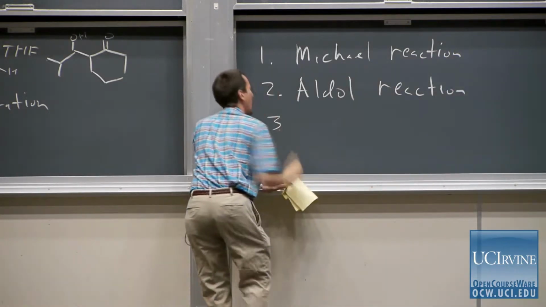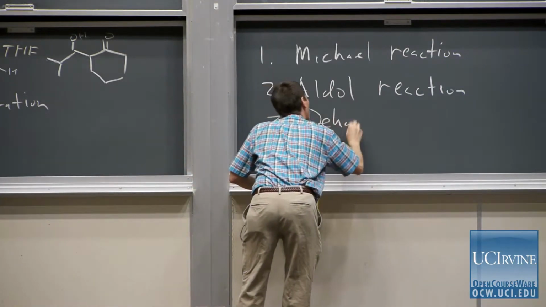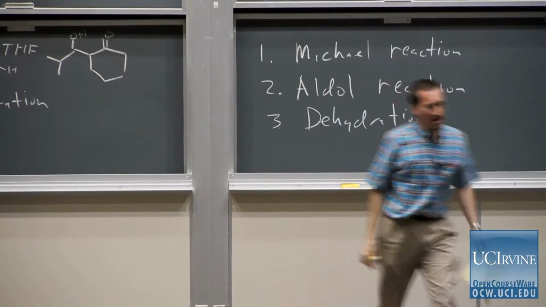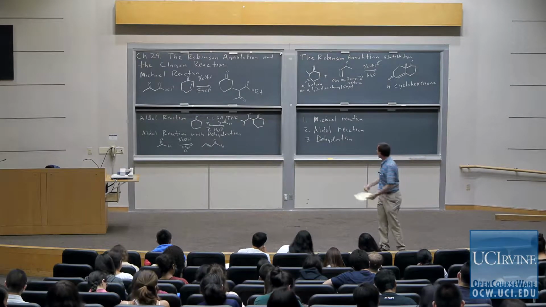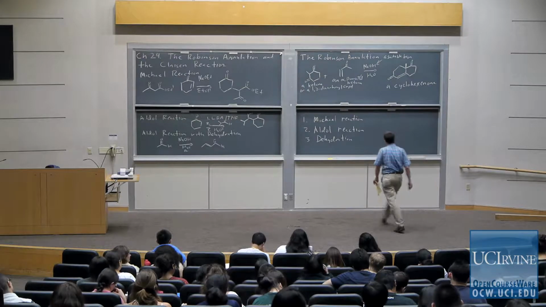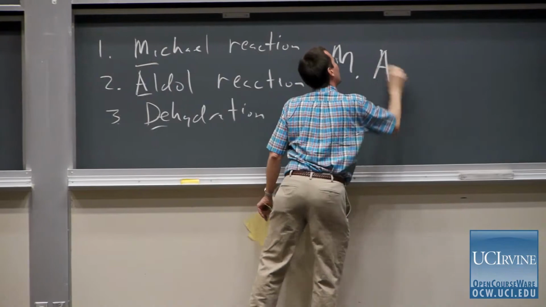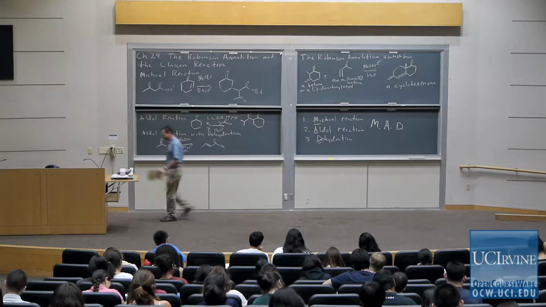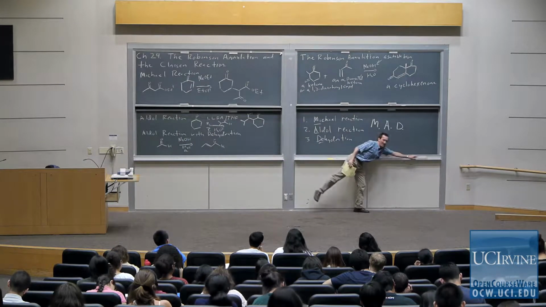And the third reaction is a dehydration. And if you want to remember something, just come up with a crazy way of remembering it. You look at this and you say, how in hell does that occur? That's crazy. That's mad. We're just going to go ahead and remind ourselves MAD. The Robinson annulation is a mad reaction. All right. But I'm not mad, so I will show you how this occurred.